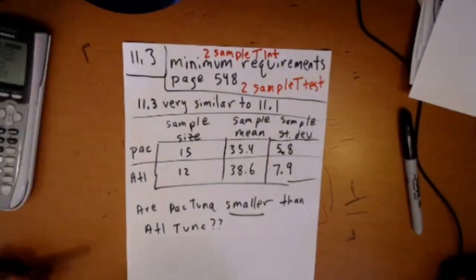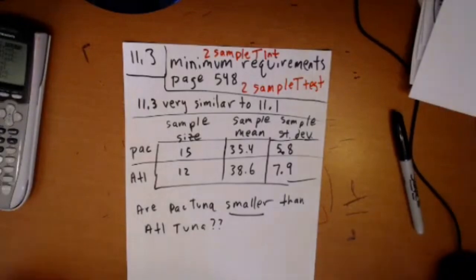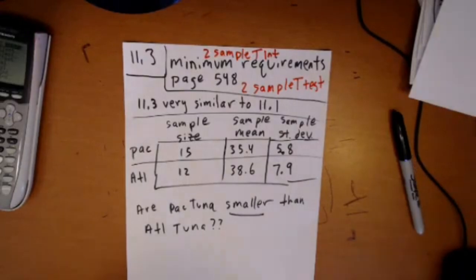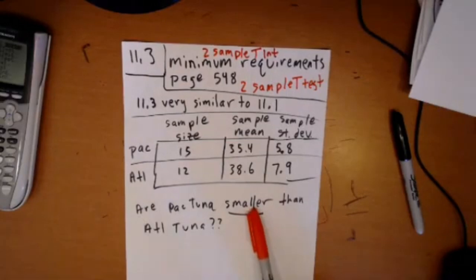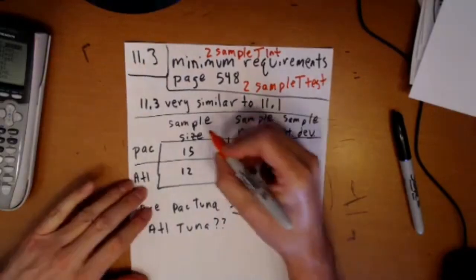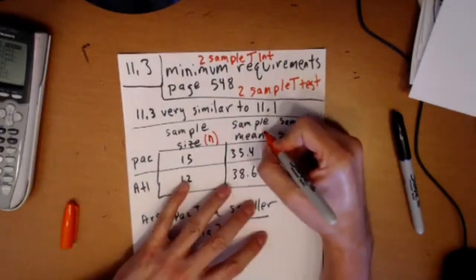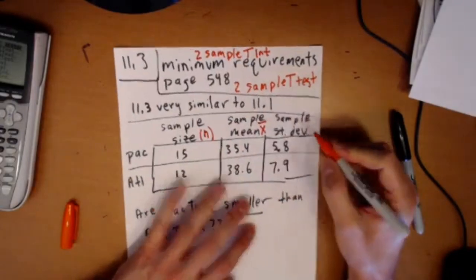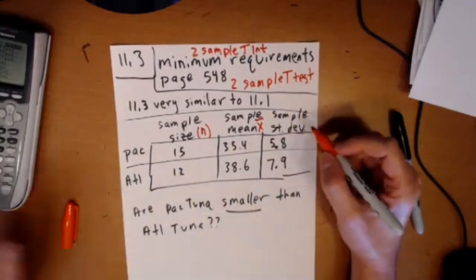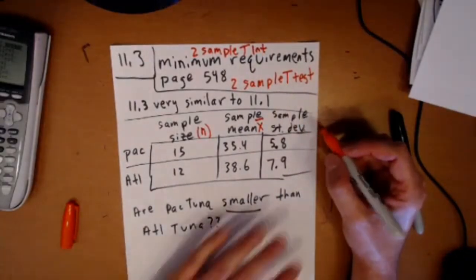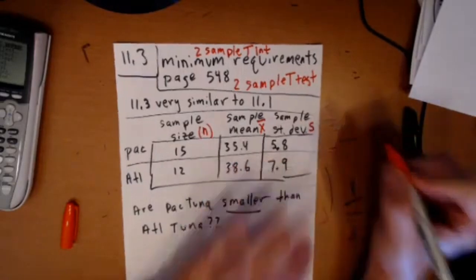In our first problem, assume the lengths of tuna are normally distributed. See, minimum requirements met. Is the mean length of Pacific tuna smaller than Atlantic tuna? Test at the alpha 0.05 level with the following random sample. They give us the sample sizes, that's n, the sample means, that's our x bars, and the sample standard deviations, that is our s.